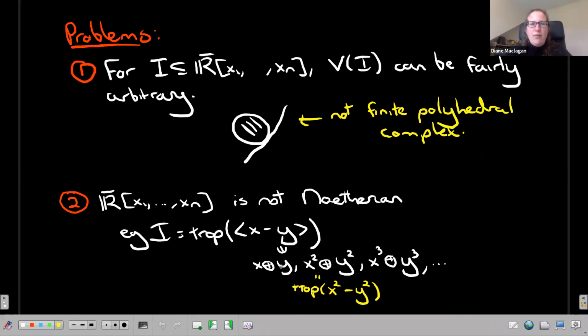So here we definitely need x plus y as a generator, but we also need x squared plus y squared. And it's not too hard to convince yourself that we really need all of these things. So this is an infinitely generated ideal. We started with a nice, simple principal ideal, and we end up with an infinitely generated ideal when we tropicalize.